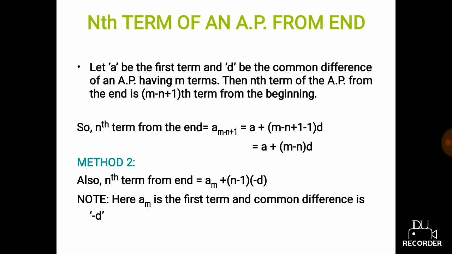So the formula for the nth term from the end is a plus (m minus n plus 1 minus 1) into d. So the nth term from the end is a plus (m minus n) d.